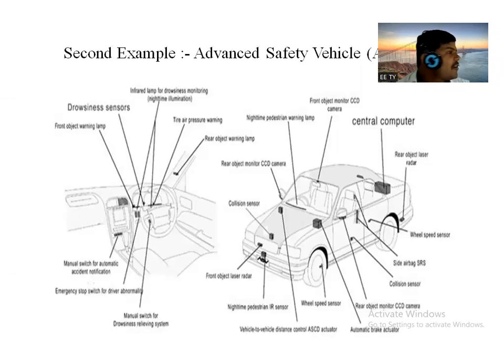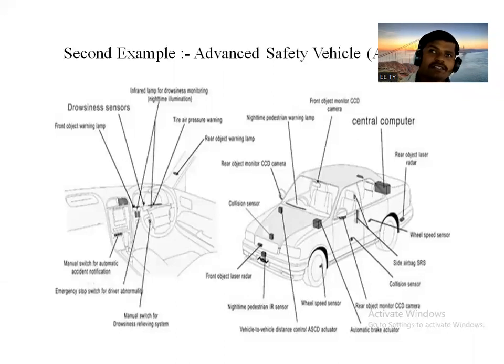A number of sensors can be used to function on a number of objects, and a number of actuators can be used to act on those objects. So it is a totally advanced safety vehicle.